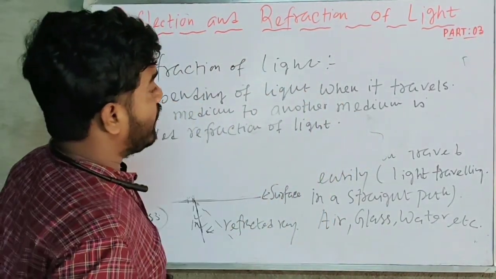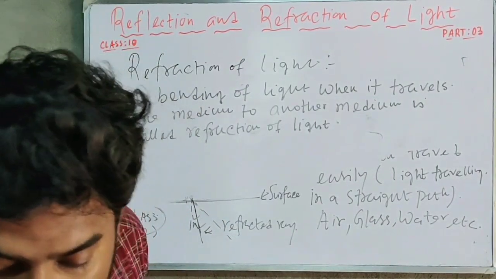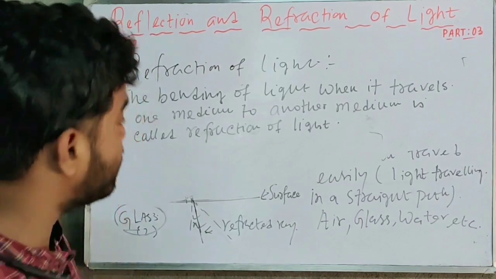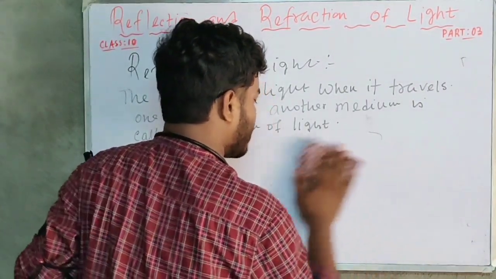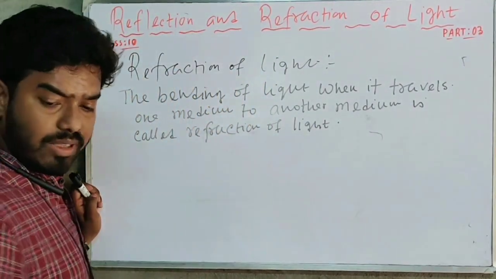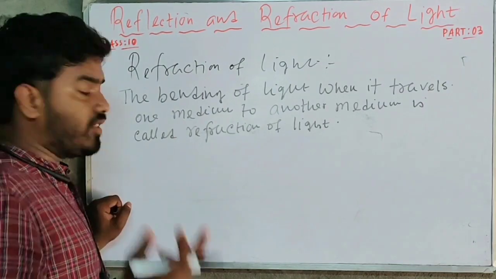Now we have to know another thing, that is what is the refractive index. To study refractive index, at first we have to know that light travels in a vacuum. For a change of medium, the speed of light changes.